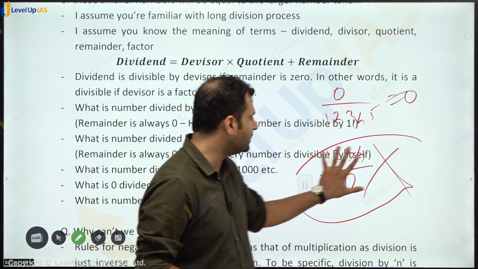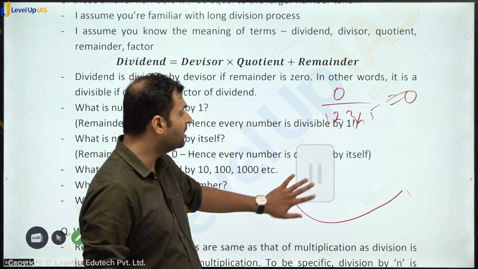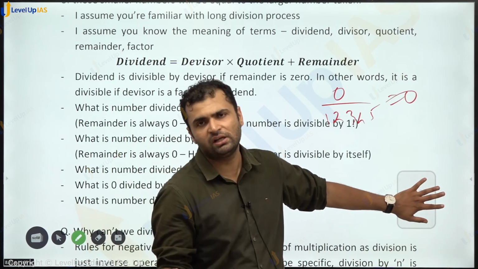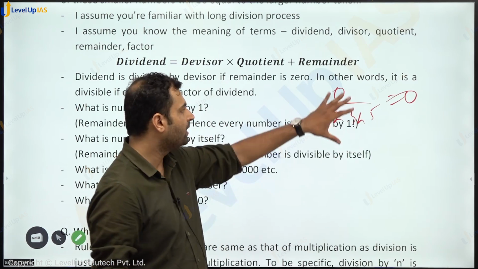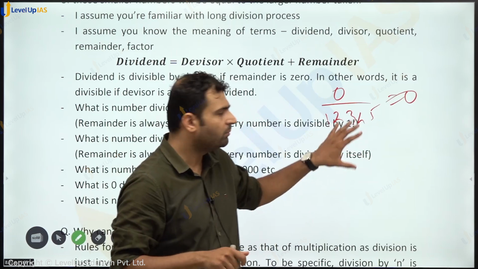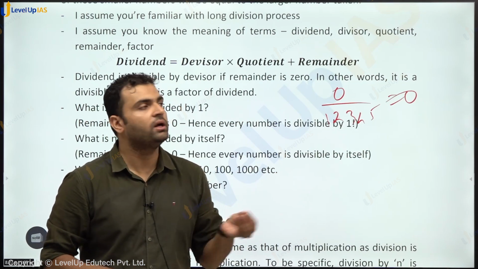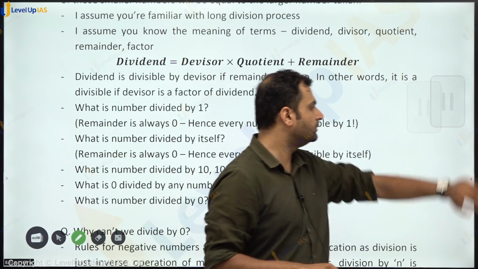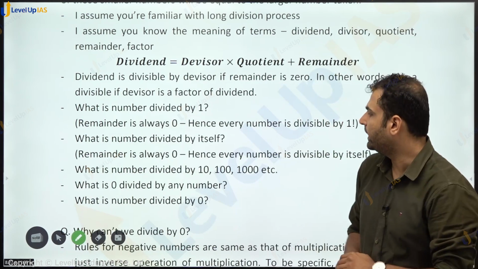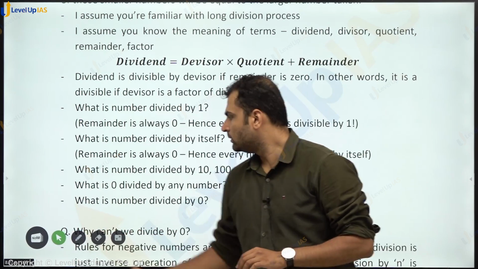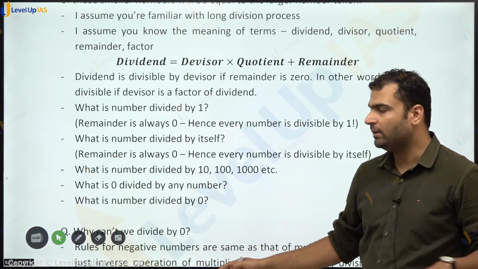That is why this operation is undefined in mathematics. It is not infinity, because infinity is also not a number. It is a concept. And mathematically, this operation is not defined. Fine. So please don't divide by 0 anytime in your life.